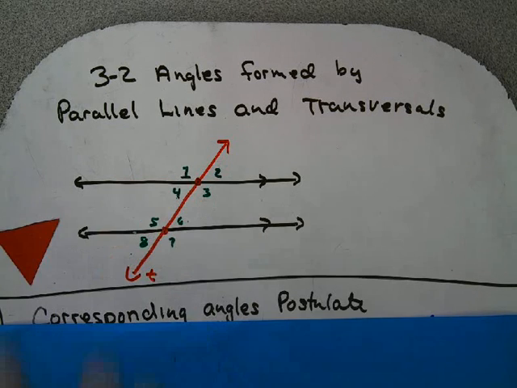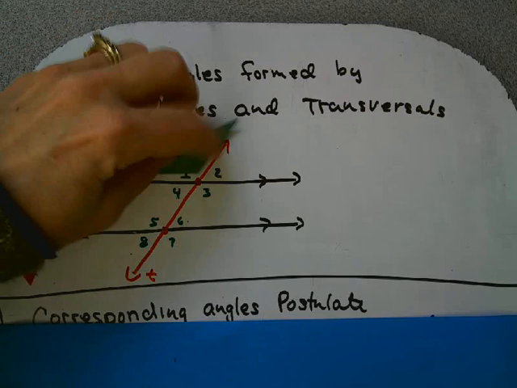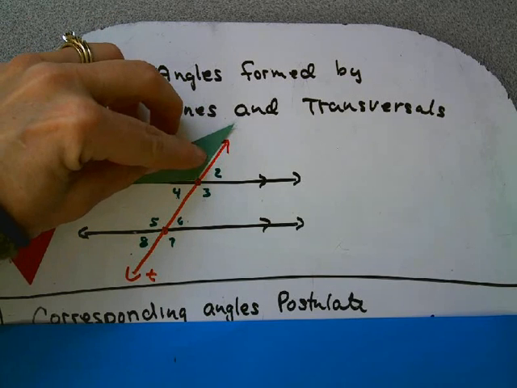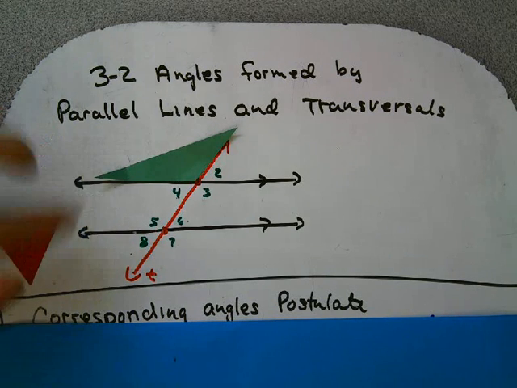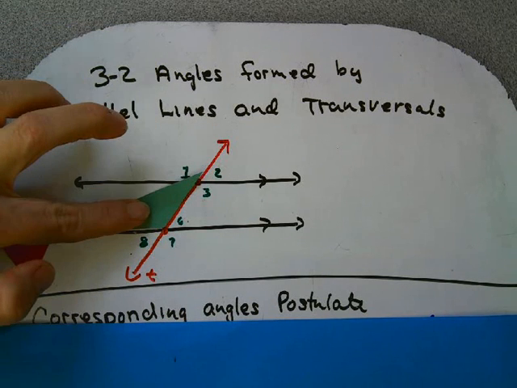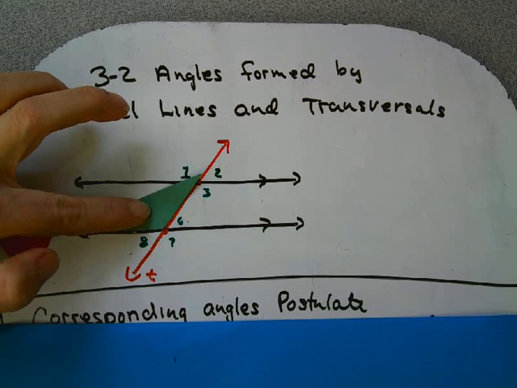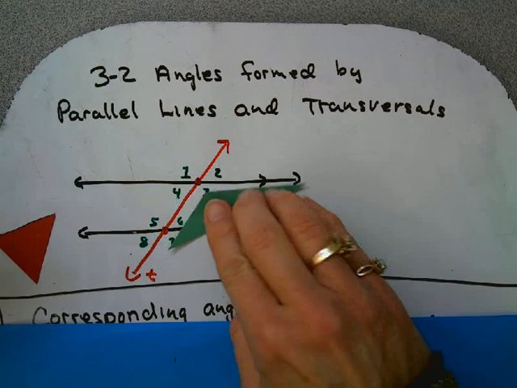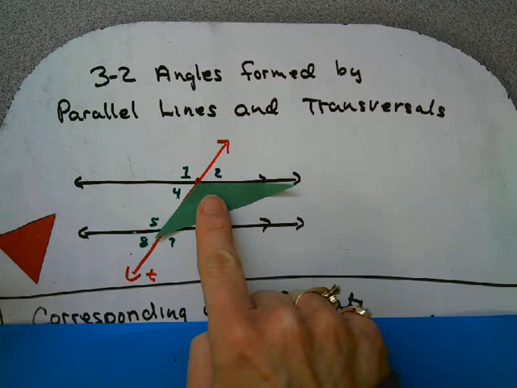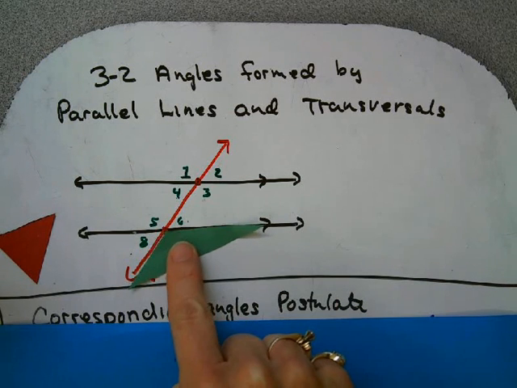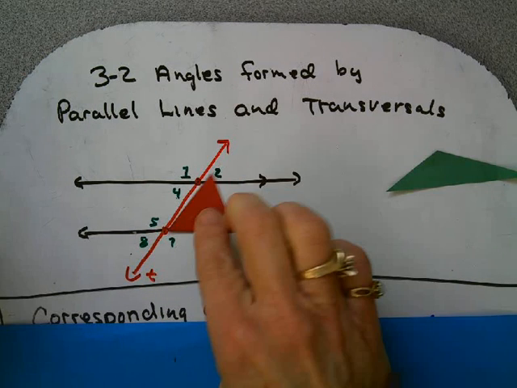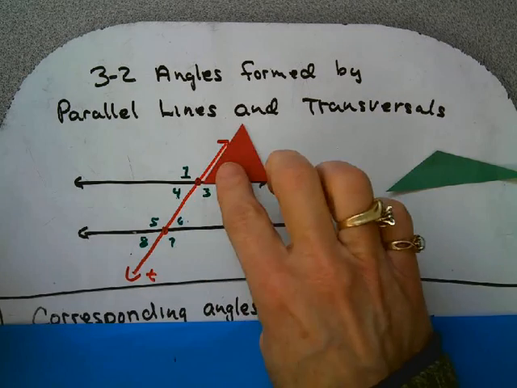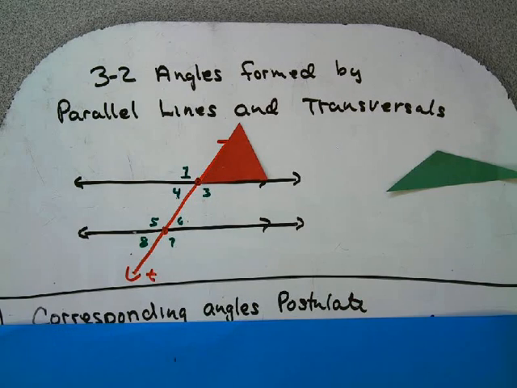Also, if I were to cover up angle 1, fill that in with my little green triangle, I can slide that down here, and it's going to fill in angle 5, exactly the same. Same thing will happen on this other side, angle 3, and then I can slide it down here, and angle 7 is the same exact measure. Angle 6, and if I slide that up the transversal, angle 2 is the same measure.